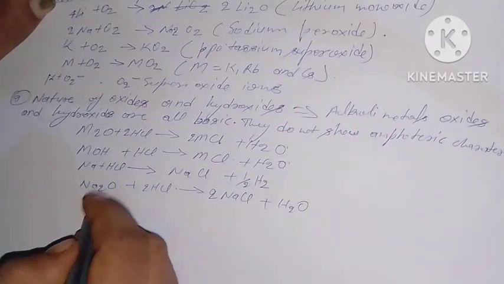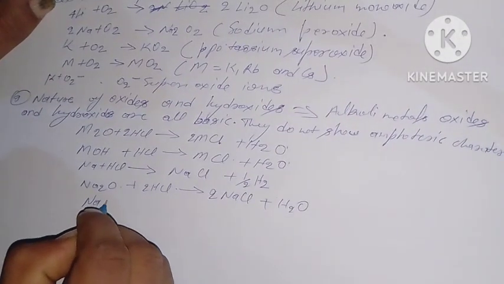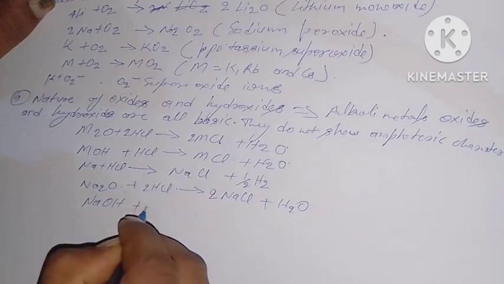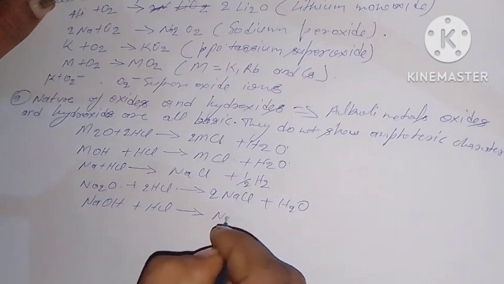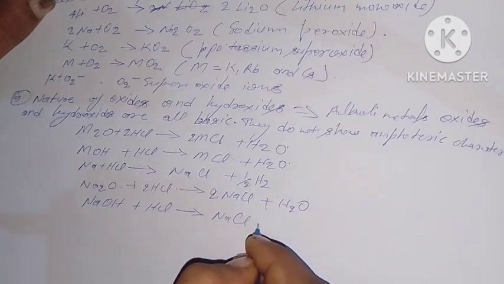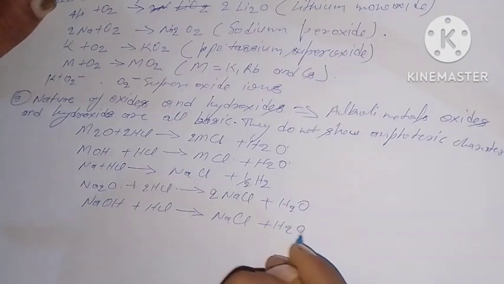And sodium hydroxide plus hydrochloric acid after reaction gives NaCl, sodium chloride, plus water.